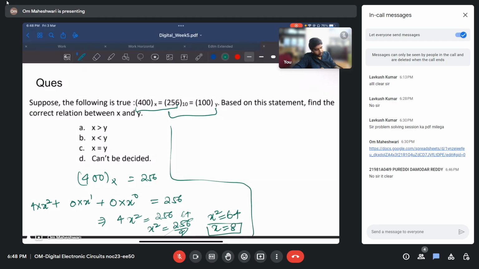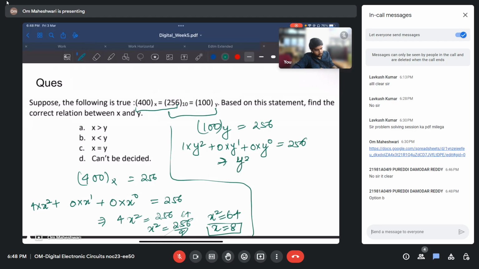And similarly, we will do for y. 100 base y equals 256. So 1 into y square plus 0 into y to power 1 plus 0 into y to power 0 equals 256.